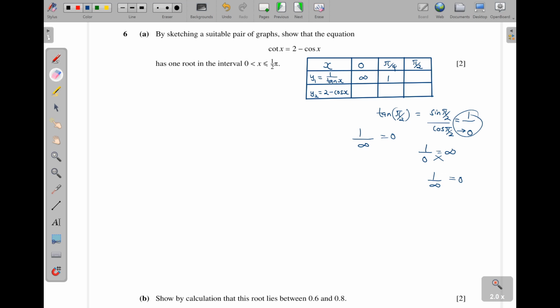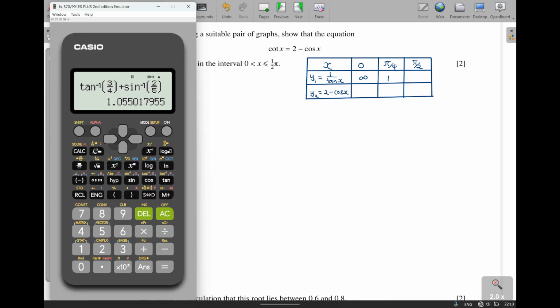But if you put this one in the calculator and you say 1 over tan of 90, the calculator will give you undefined. My calculator here is in radians. 1 over tan of 90, which is pi over 2.